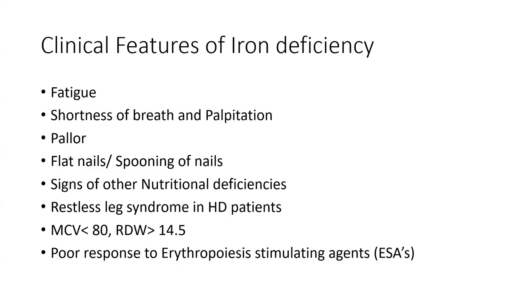Then you are supposed to suspect iron deficiency. In a normal hemogram, if the iron deficiency is severe, you can detect it with the help of iron indices, where you can look at MCV, which is less than 80, or RDW, which is more than 14.5. And whenever a dialysis patient or a CKD patient on your follow-up is not responding properly to your erythropoiesis stimulating agents, then again you have to think about iron deficiency.